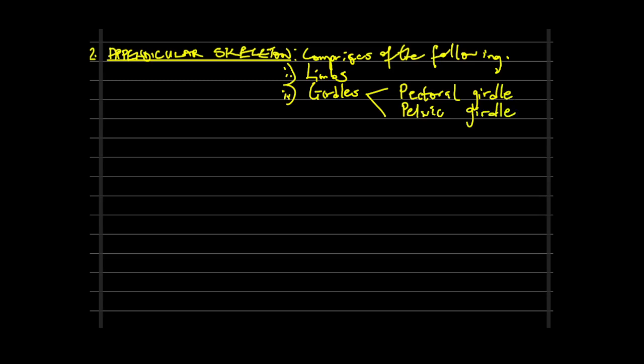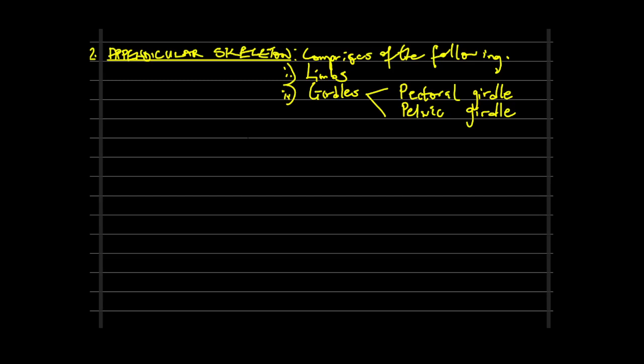So these are the girdles that we have. The pectoral girdle forms the forelimbs, while the pelvic girdle forms the hind limbs. Those are the two major classifications of the mammalian skeleton, or of the human skeleton as the case is. So let's dive in fully to explaining what each of these types of skeleton is.